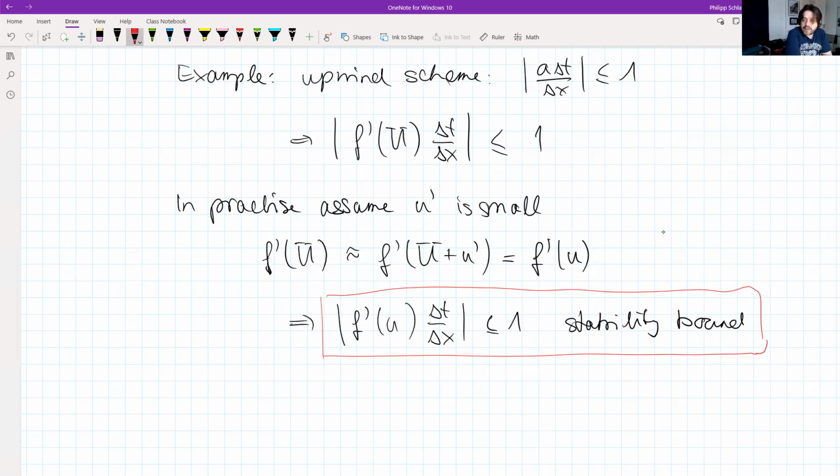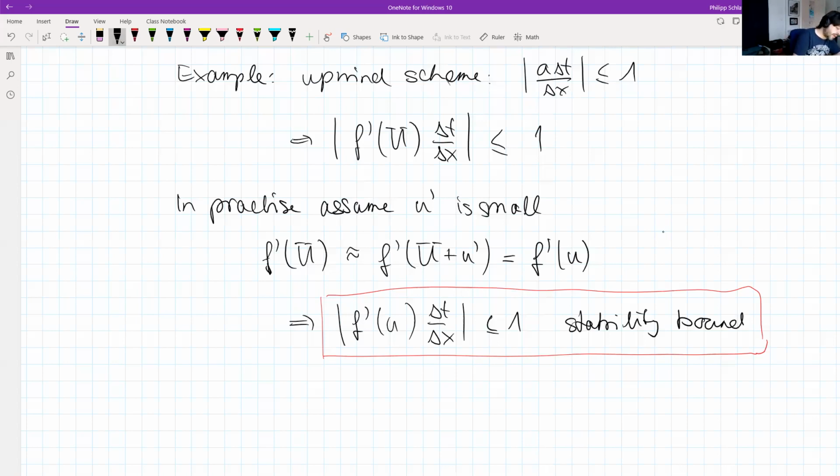So essentially, I'm just getting the local speed of the characteristics, wherever that is in the domain, so the f prime of u, and I'm using that in order to make sure that my speed is not larger than my grid spacing, if I think now of a CFL type of argument.